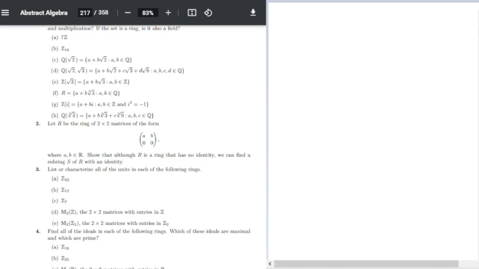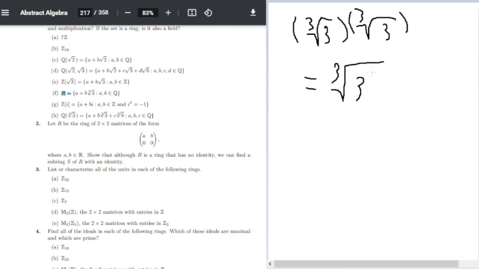So this is a more interesting example right here, example F. Let's look at cube root of 3 times cube root of 3. This is equal to the cube root of 3 squared, which is equal to the cube root of 9.